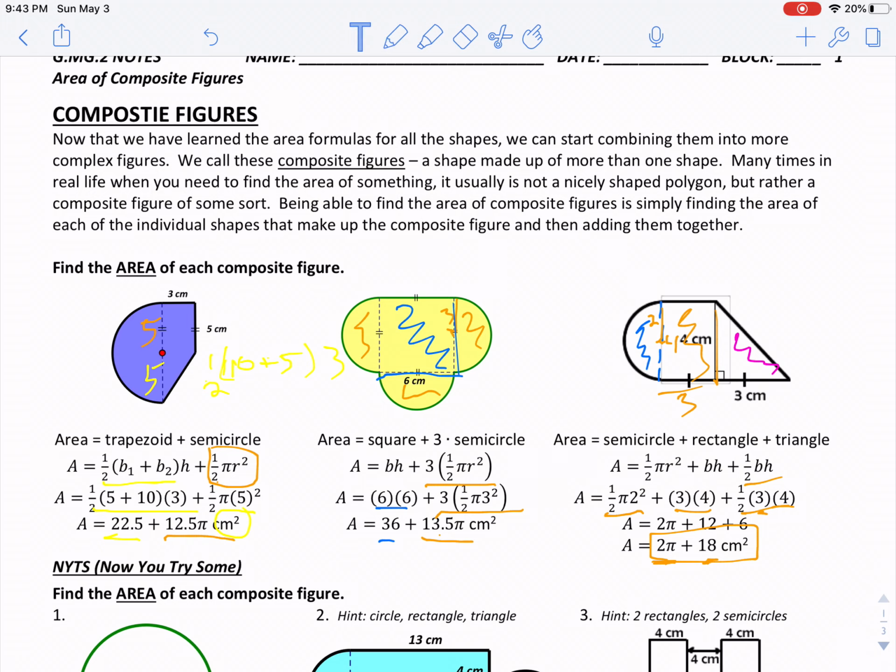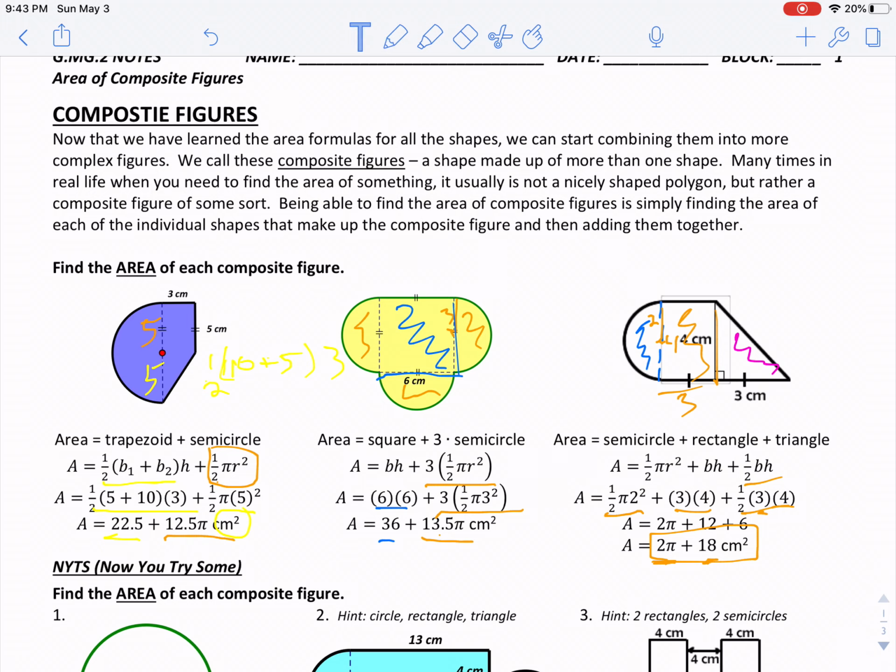All right, then you have 3 examples on this page. I'll help you get started with number 3. Notice for number 3 we have 2 rectangles right here, and they're exactly the same. So I'm just going to do 2 times base times height.